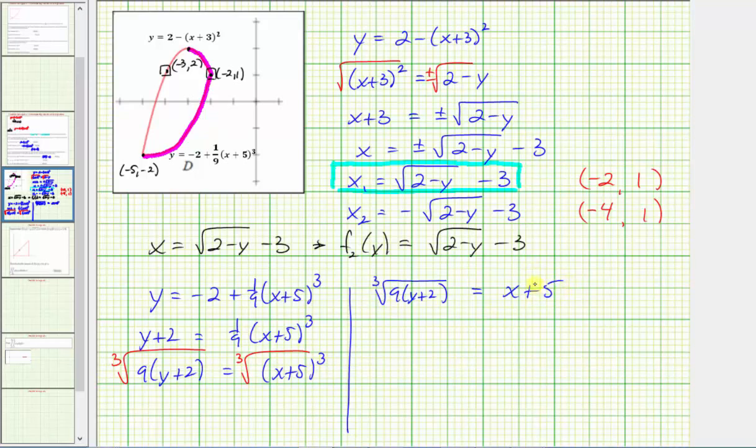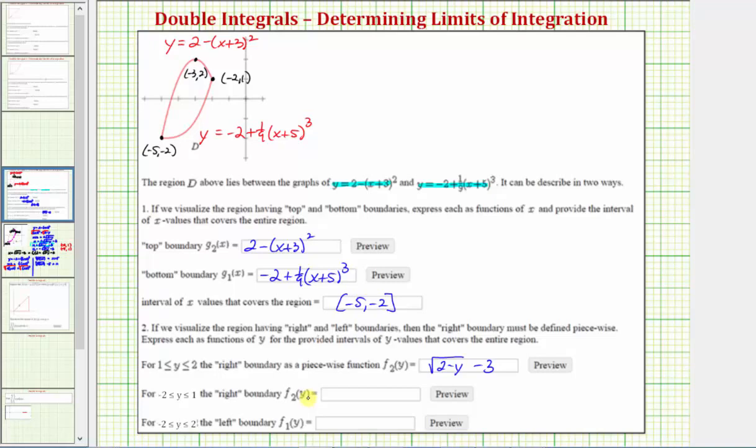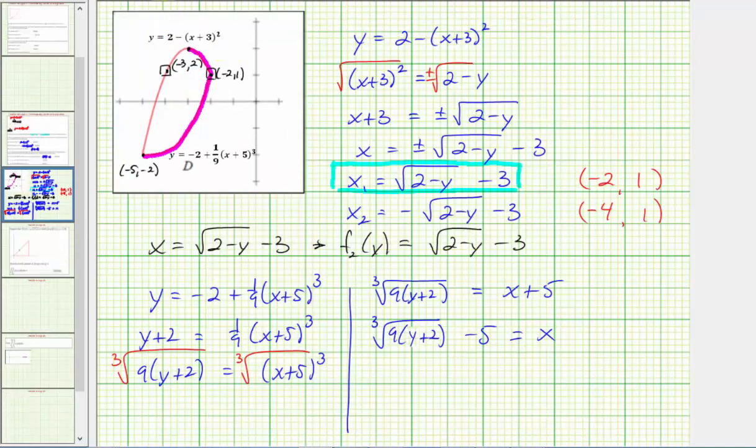So the last step, we subtract 5 on both sides. And again, x is equal to f of y. So f sub 2 of y over this interval is equal to the cube root of 9 times the quantity y plus 2, minus 5.